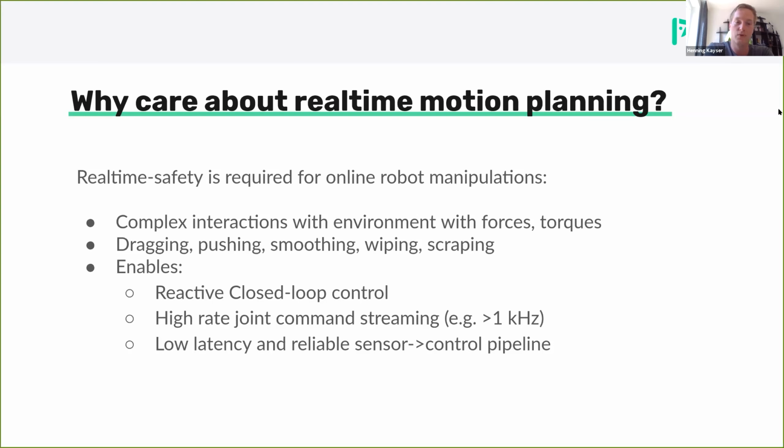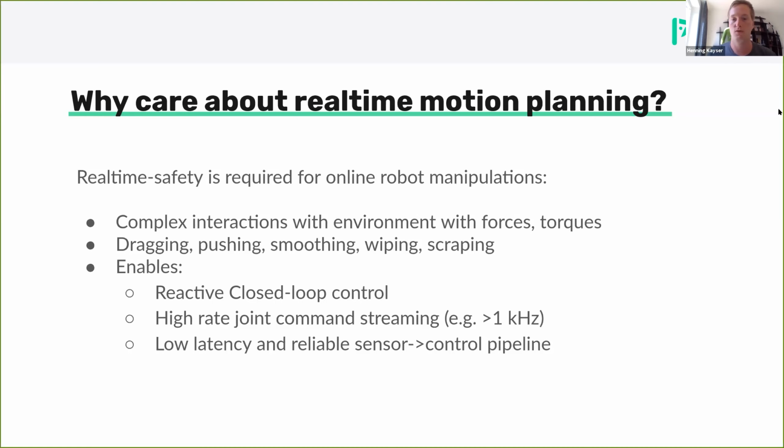That means we have different use cases where we want to apply real-time motion planning. That is reactive closed-loop control, and also high rate joint command streaming. The reactive closed-loop control runs real-time motion planning in order to eliminate delays when reacting to incoming sensor input.